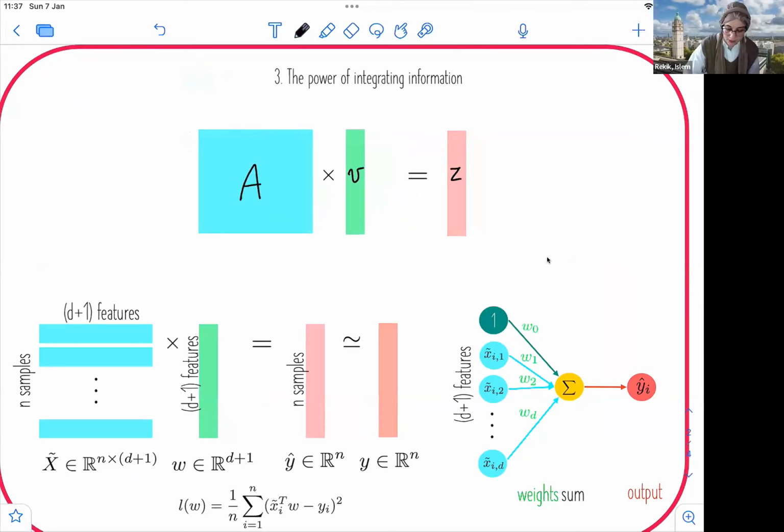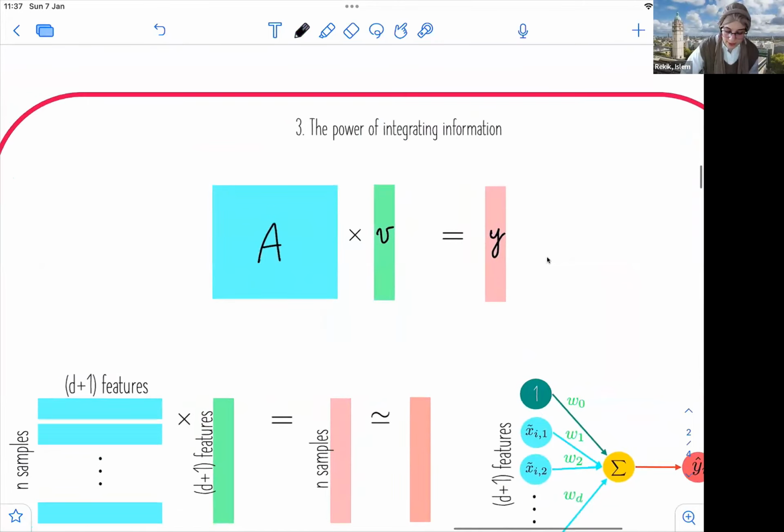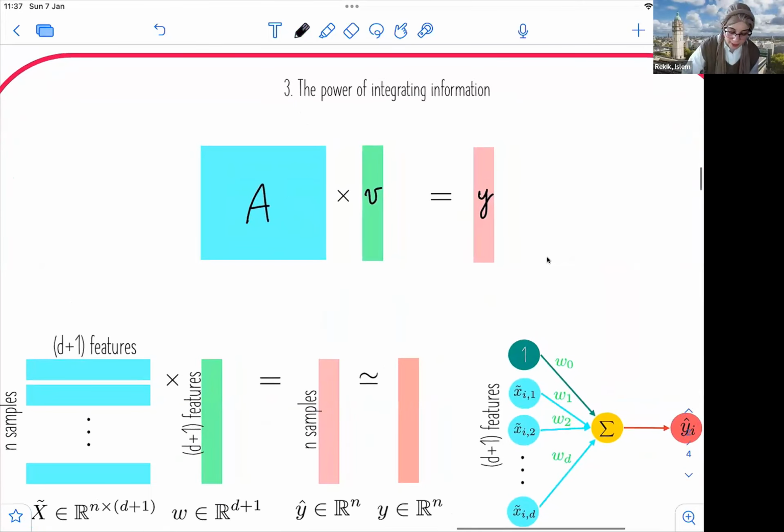For the sake of simplicity, let's call it Y. We have our n by n matrix, we multiply it by an n by 1 vector, and we get an n by 1 output. So every time you do a multiplication, we are leveraging what we call the aggregation power of a matrix.